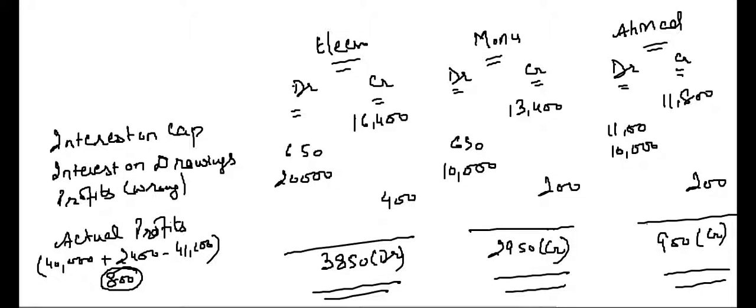And then the statement. Simple. We have credited what should be given to the partners. We have debited what is to be taken from the partners. The profits which were wrongly credited, now we have debited them. Reverse. And the actual profits we have credited to the partners' capital accounts.